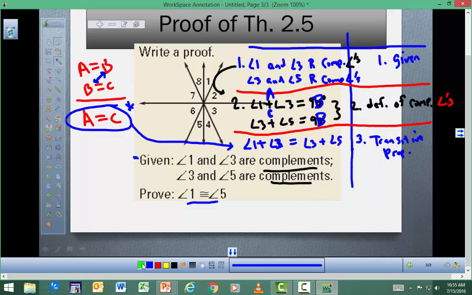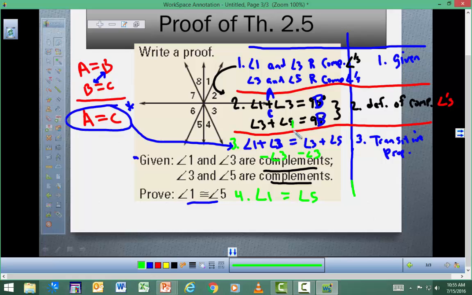So the next step, and this is going to look a little bit messy, all I'm going to do is subtract angle 3 here and subtract angle 3 here. Remember, when we write proofs, we don't normally write the algebra in here. So write this as line 4. Angle 1 is equal to angle 5, and the reason I can do this is this statement here.